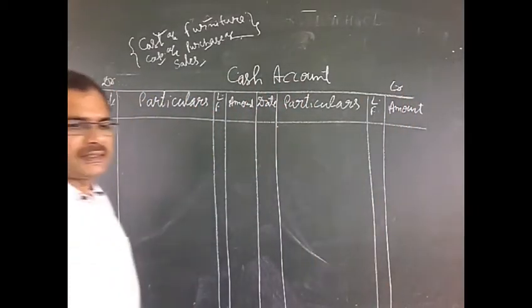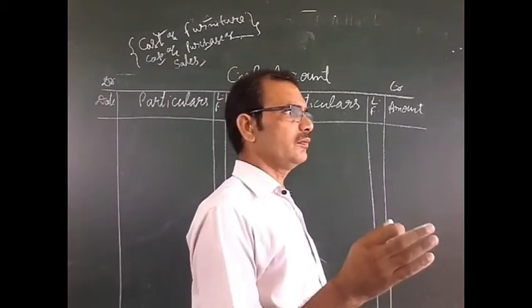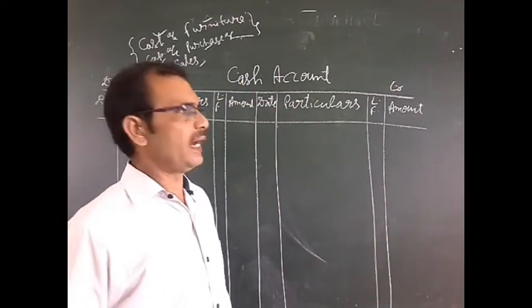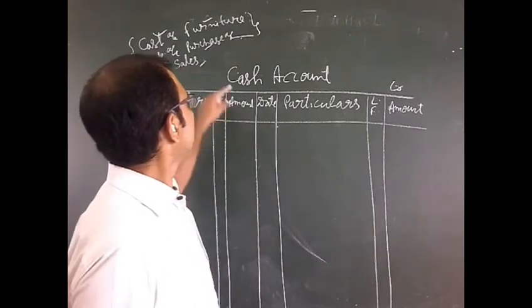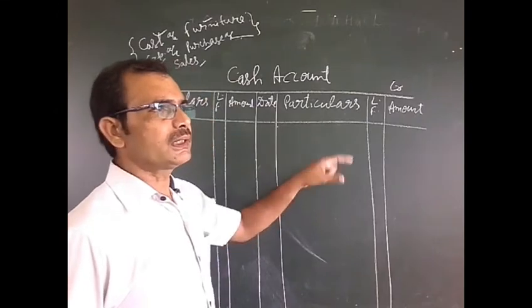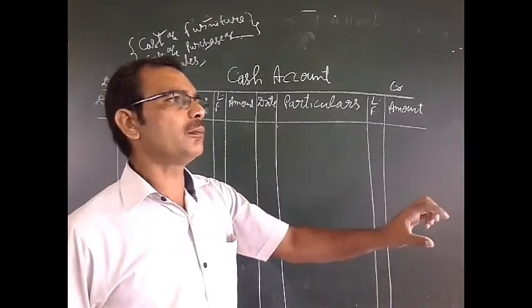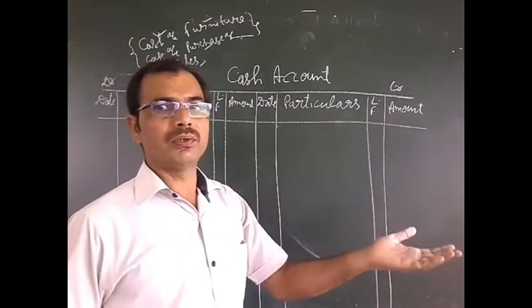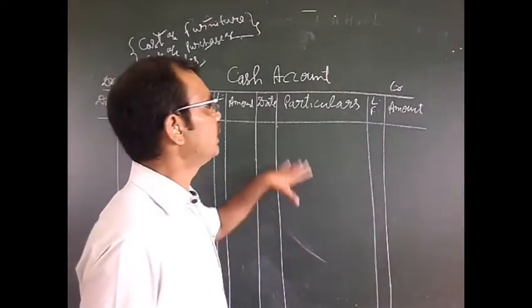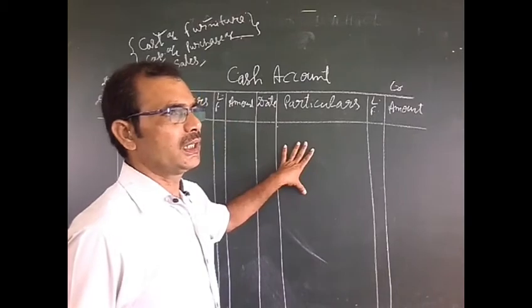If in the journal entry there is something debit, it will come in the credit. And one more important thing, in the cash account, cash will not come. The same name cannot come in the same account. Other names, other accounts will be transferred into the ledger.